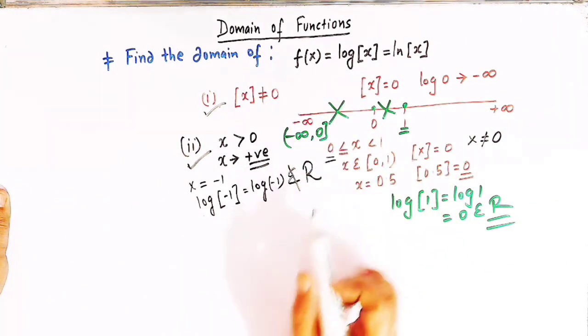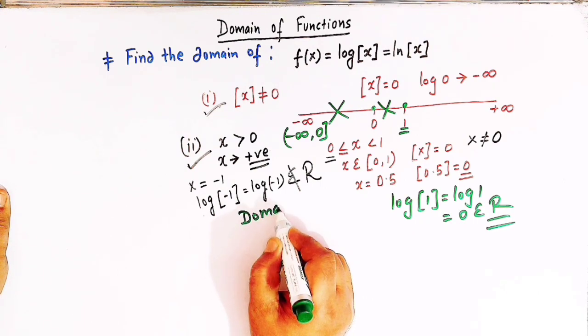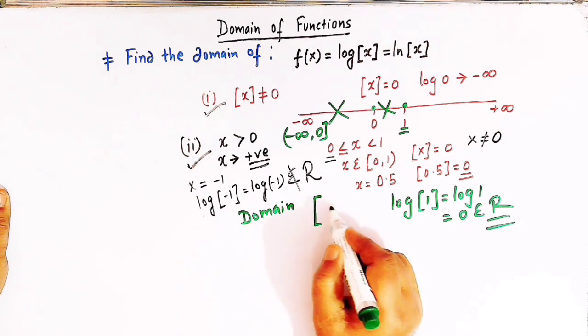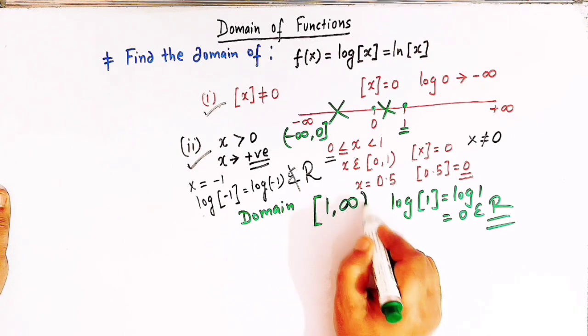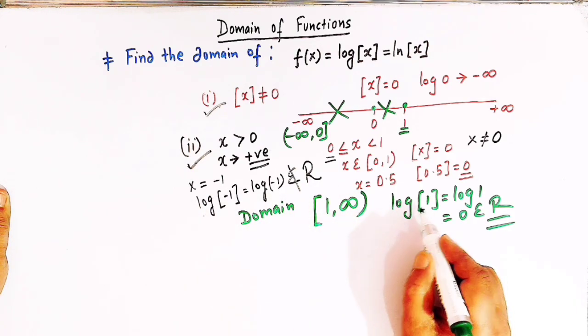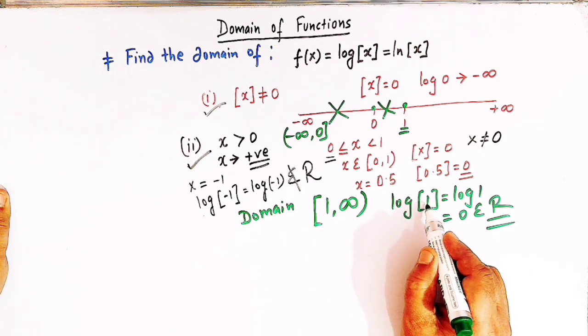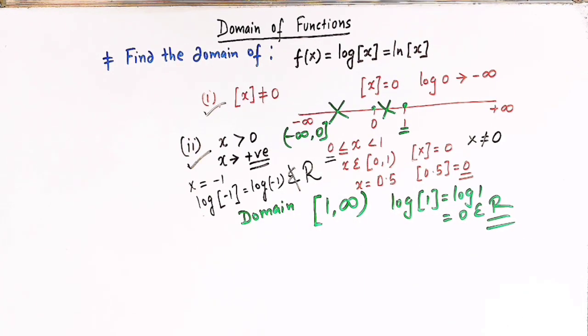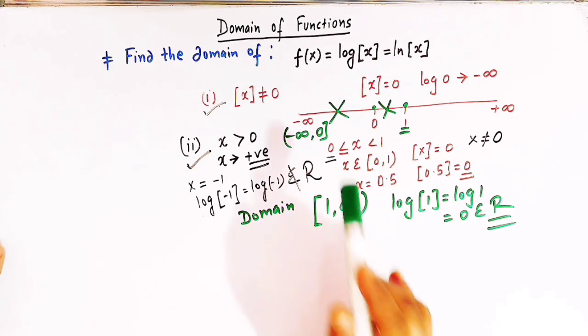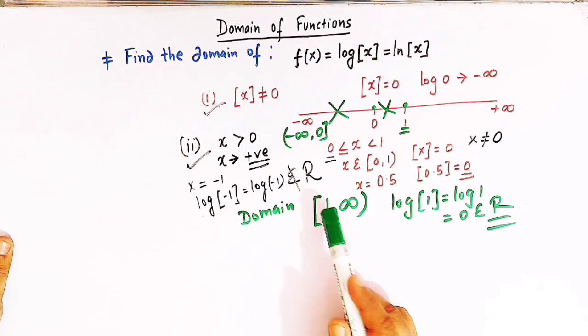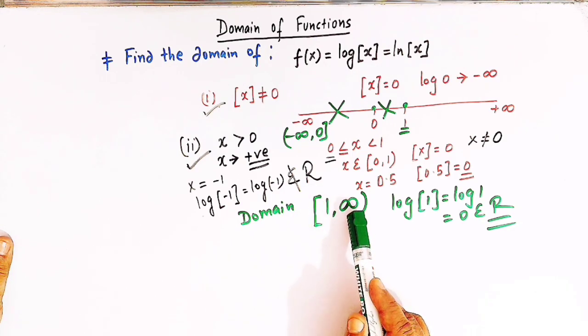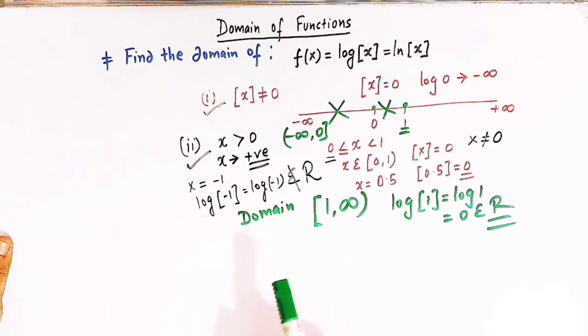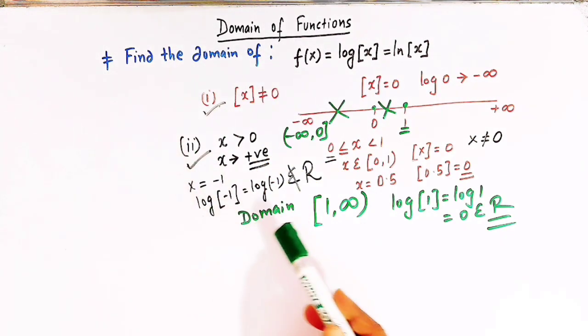So the domain of this function is given by this interval, that is from 1 to infinity, where 1 is also included because log of greatest integer of 1 is defined. So the domain of f of x is given by this interval 1 to infinity, where 1 is included, right? So this is how, by making these arguments and discussions, we can arrive at the domain of given functions.